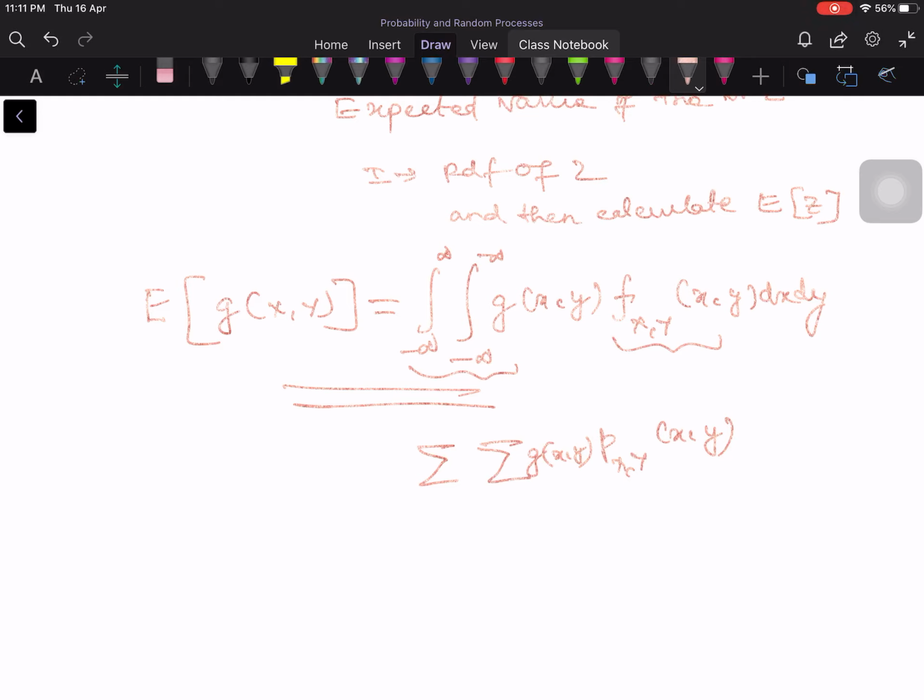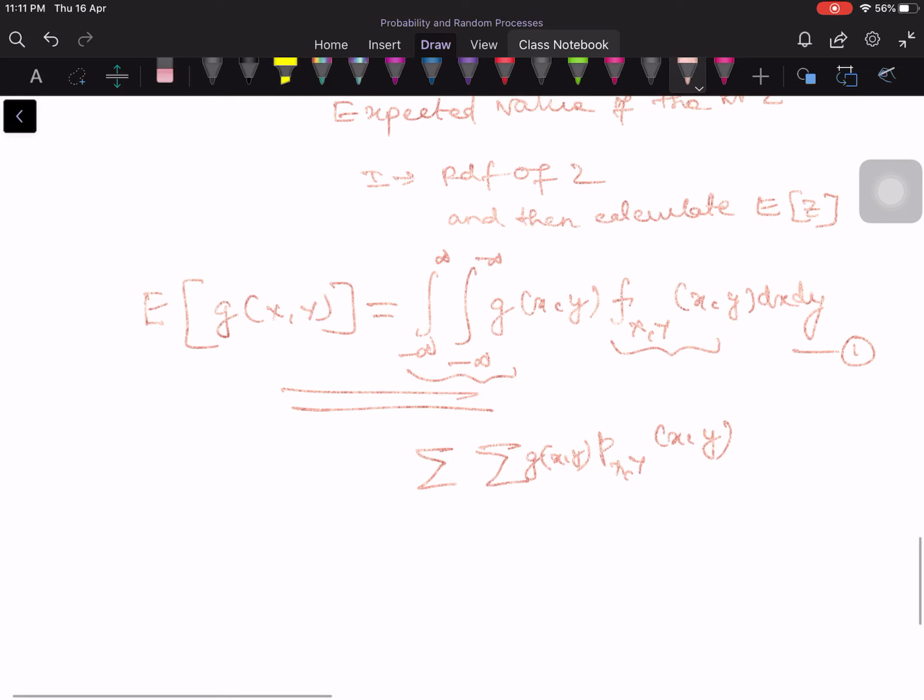Let me call this continuous formula, formula 1. The intuition from this formula is the same as for the discrete case. It is just that the mechanics are different. Here we used probability density functions and a double integral, and there we used double summation and probability mass functions.